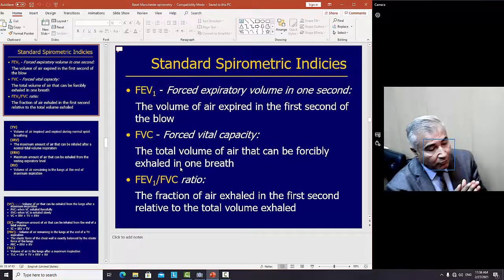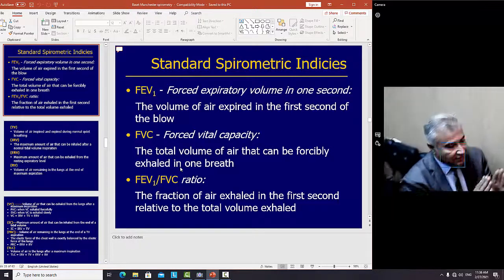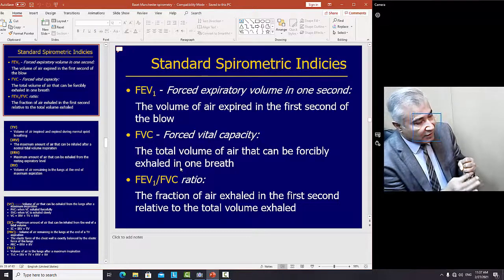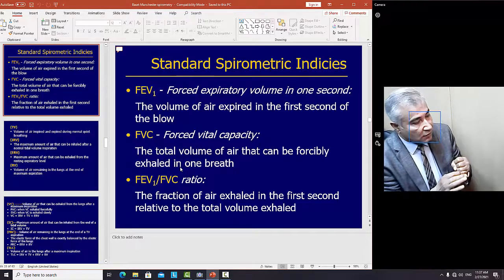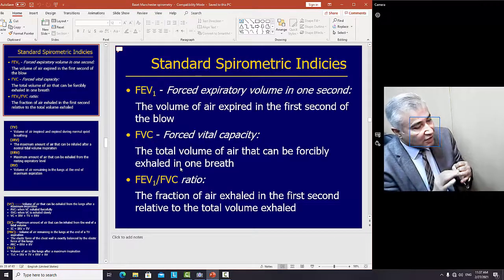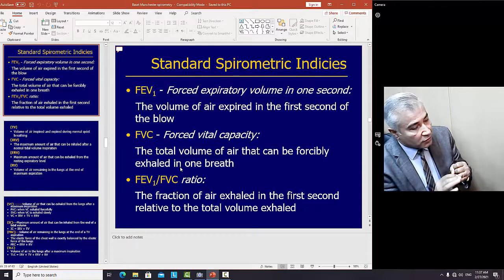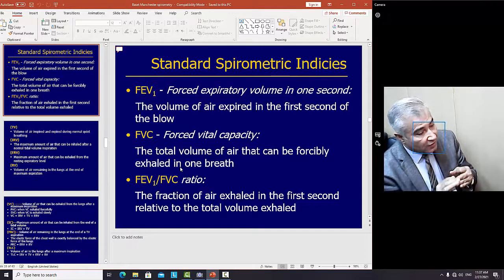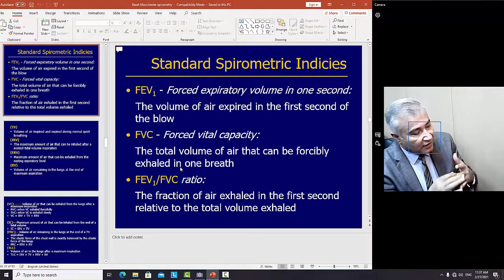So these are the standard three values I can use to detect the pattern of ventilation. What is the number of patterns of ventilation? Simple, according to spirometer only. What is the first pattern? What is the commonest pattern? It is the normal pattern. Don't forget the normal pattern. After that, you can detect pure obstructive ventilation, pure restrictive ventilation, and mixed obstructive and restrictive.